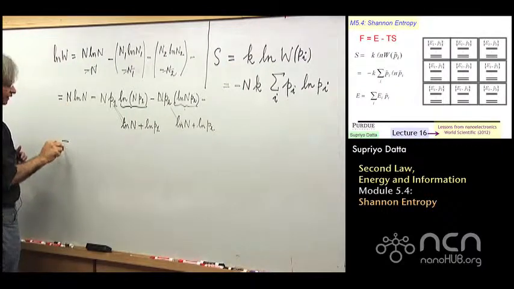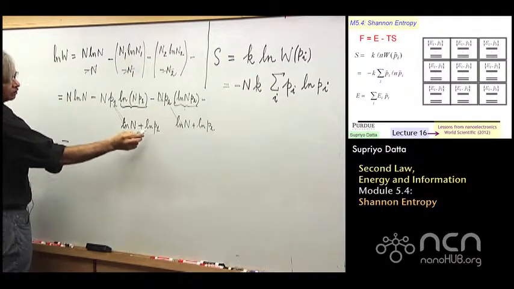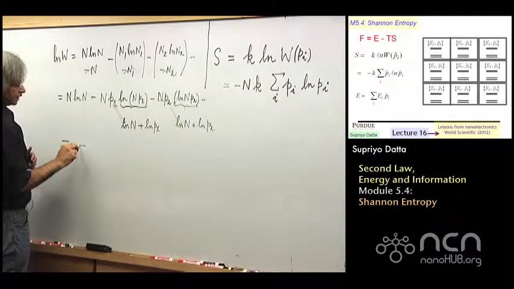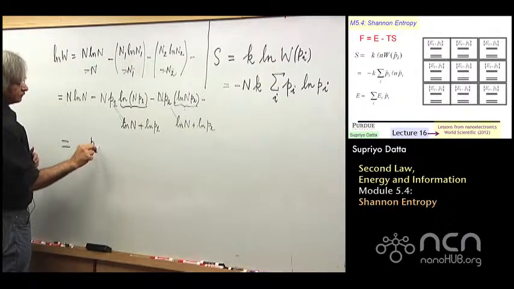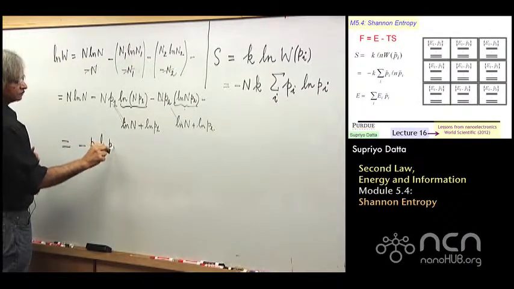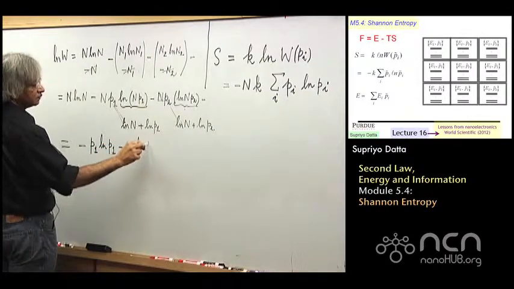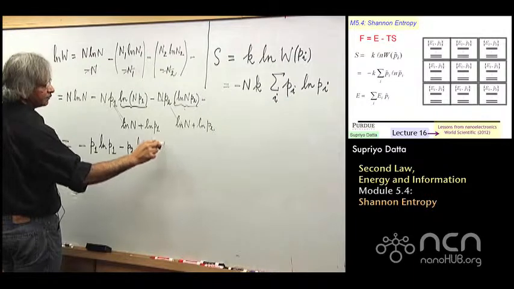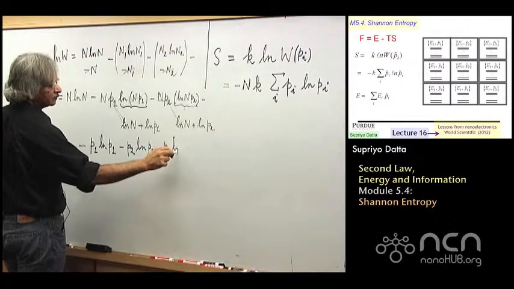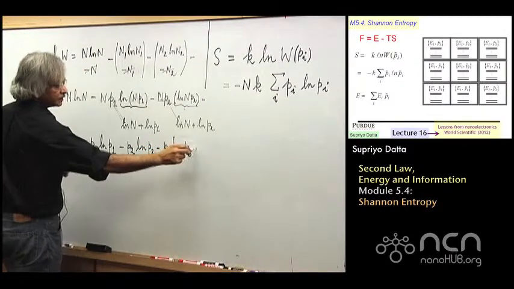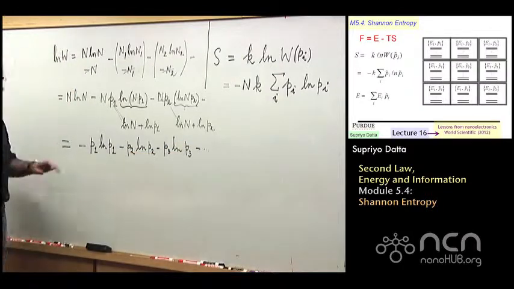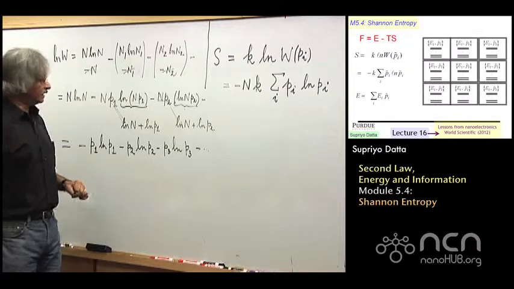And so what you're then left with is minus p1 log p1 minus p2 log p2 minus p3 log p3, etc. You see? And this is the basic result.